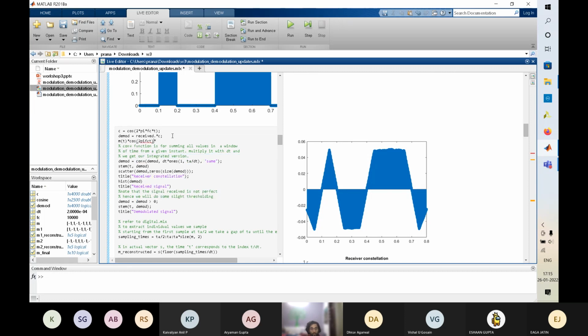If we multiply by cos 2 pi fct again, what we will get is m, and changing cos squared 2 pi fct to the formula (1 plus cos 2x) by 2.